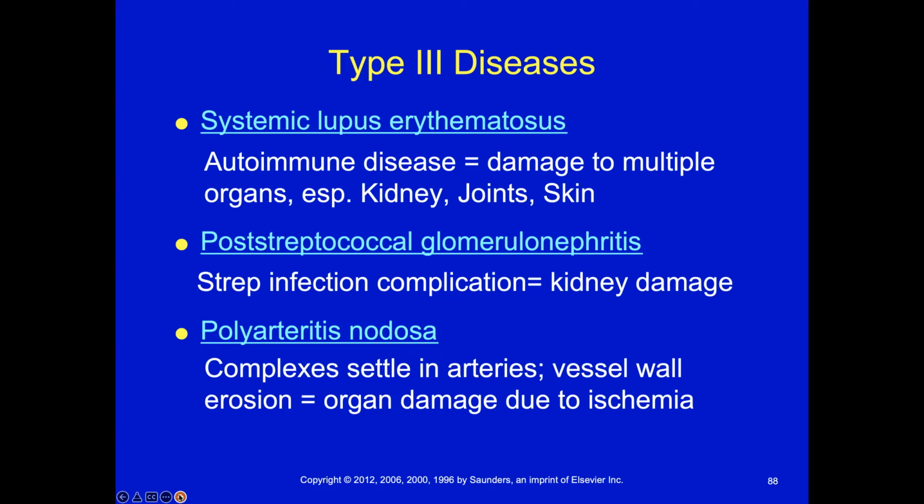And then you have polyarthritis nodosa, and here the complexes are settling in the arteries. So you get damage to the vessel walls, a lot of erosion, so you can have blood leaking out, and damage can also result from ischemia because you're not getting enough blood going to various organs that need that oxygen.